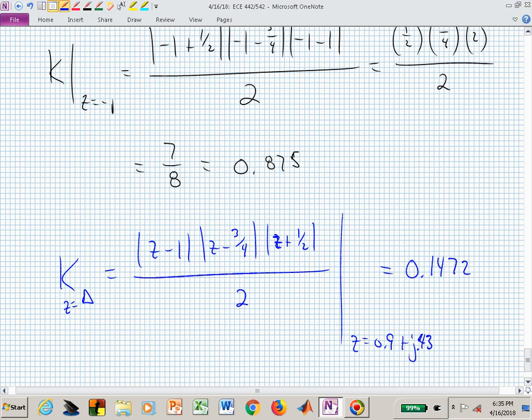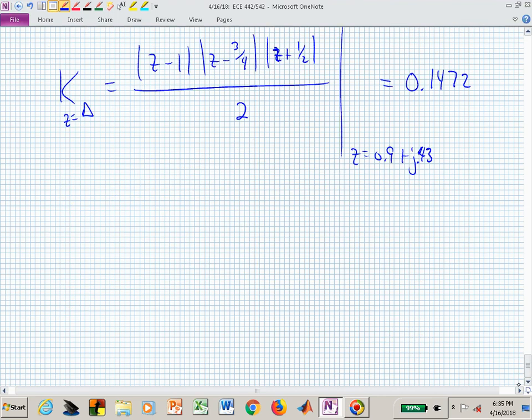Let's look at the closed loop poles maybe for that value of gain and see where I live relative to the unit circle. If I now examine stability for that gain value, let's do that by looking at the closed loop poles.